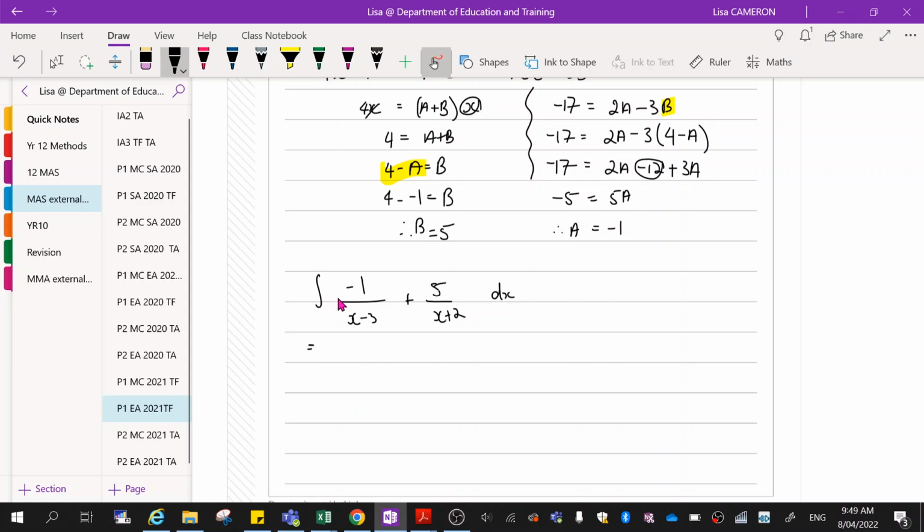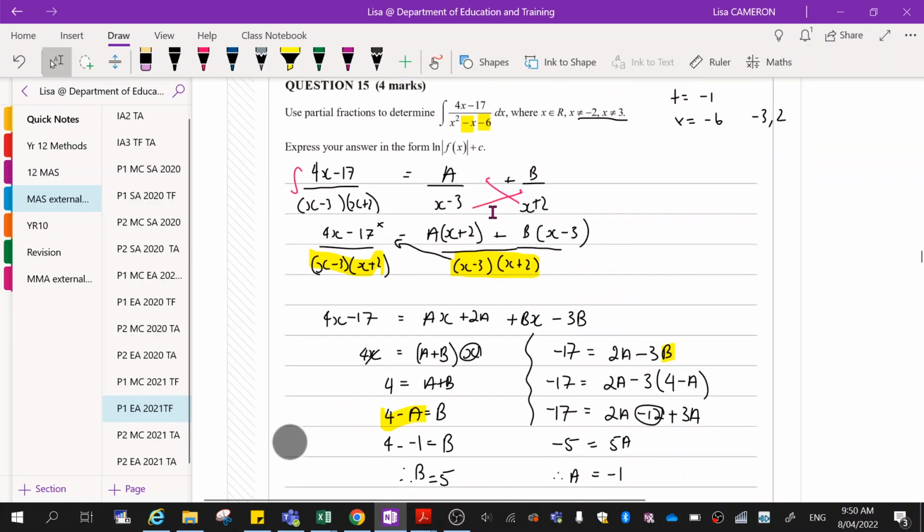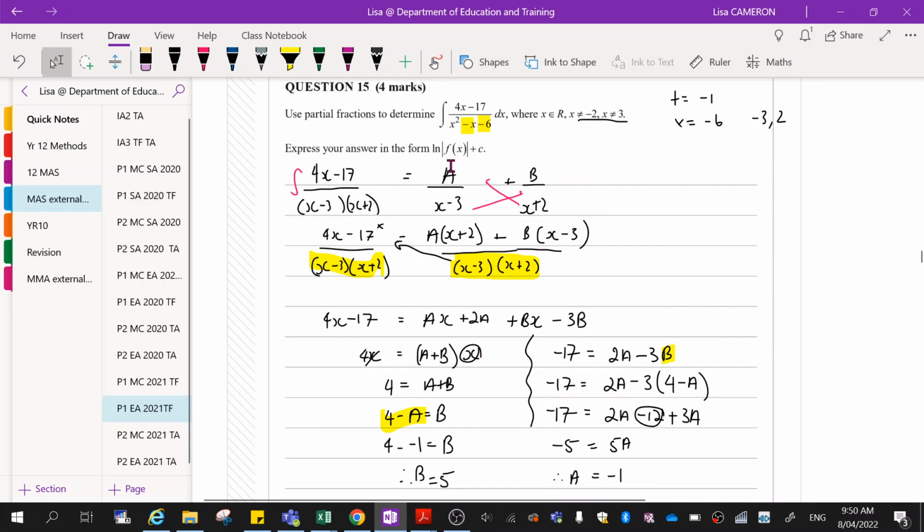So first thing I'm going to do, it's going to be -1 ln|x - 3| plus 5 ln|x + 2|. Now, the next thing about this question, there should be a plus c on here, sorry, plus constant. Okay, so up here you can see that they want your answer expressed as ln, and then there's one single term in the bracket plus c. It's not two different terms of ln, so I'm not finished yet.